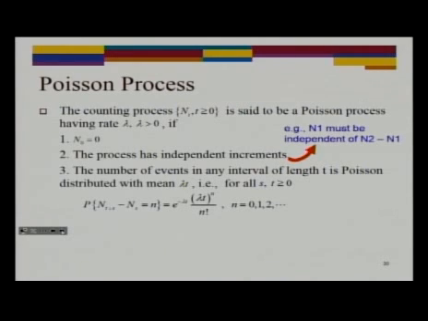For example, N sub t must be independent of N sub 2 minus N sub 1. That is, the number of events which have occurred by time 1 must be independent of the number of events occurring between times 1 and 2. Does that make sense?